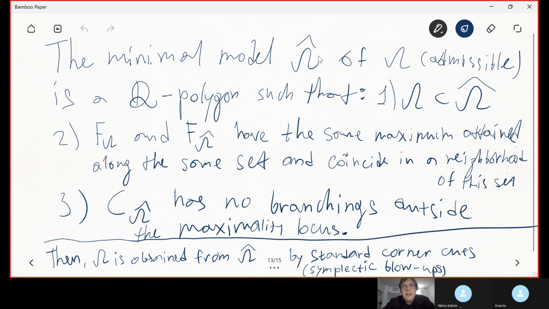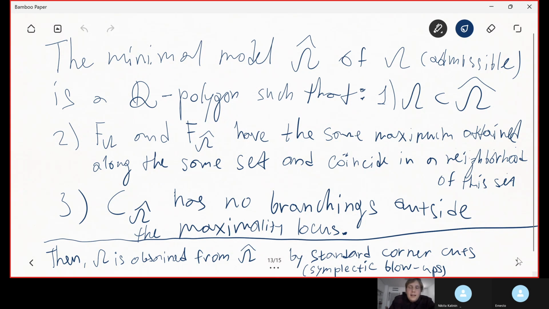It's just obtained from your domain by removing all non-maximal vertices of its caustic. So yeah, I'm not going to explain it too much, but for example, for a circle, this minimal model is a square. And then a circle can be actually sculptured from the square by corner cuts, which are symplectic blowups.